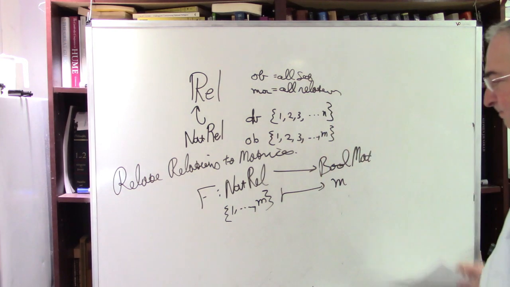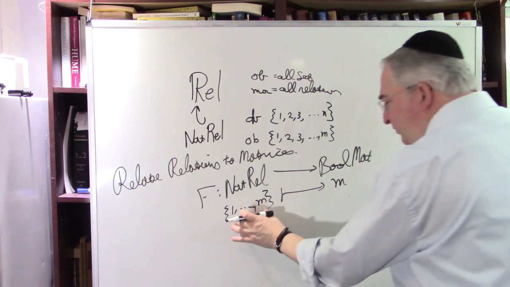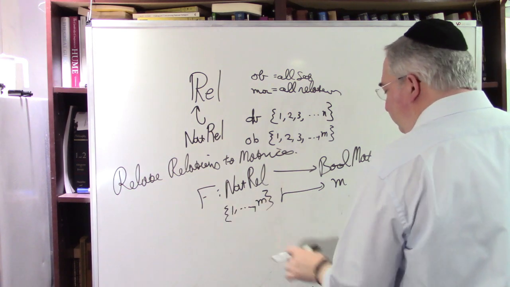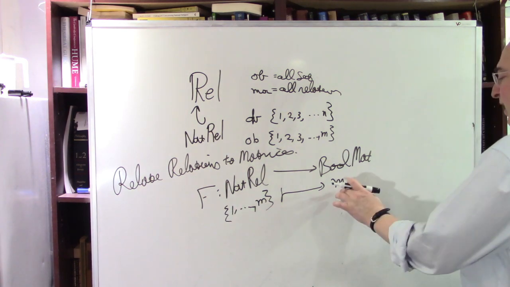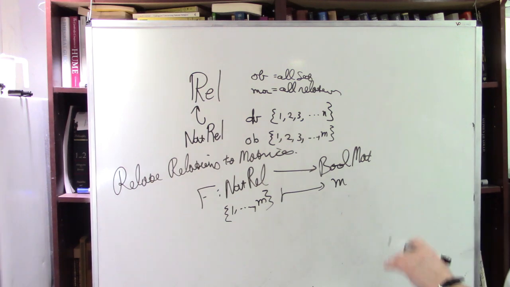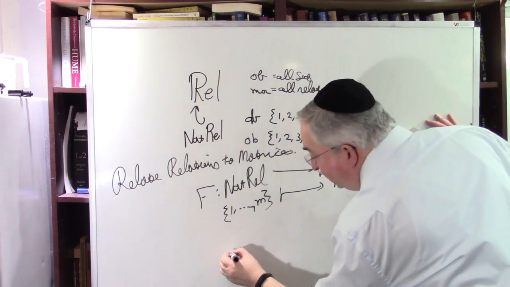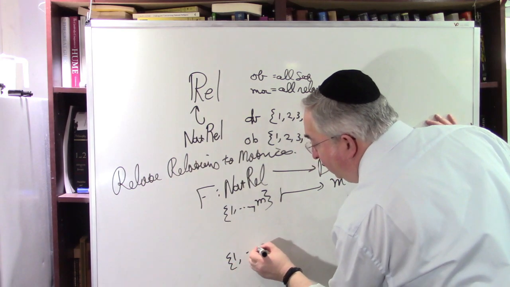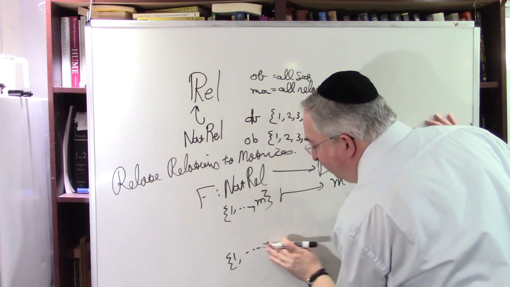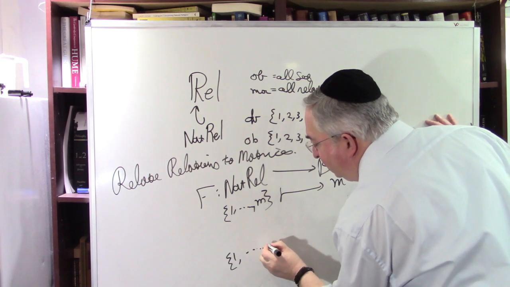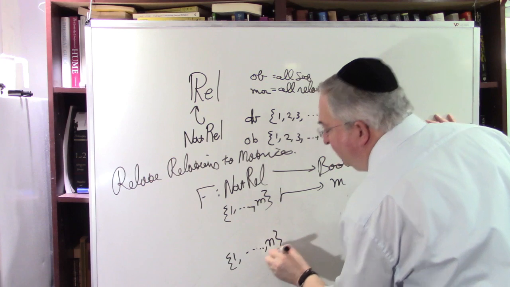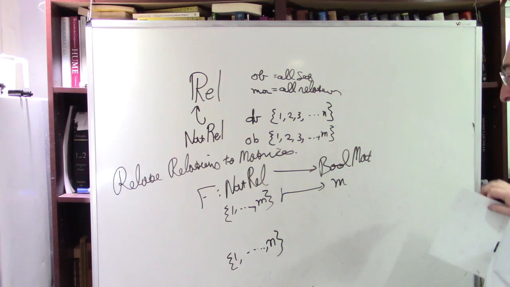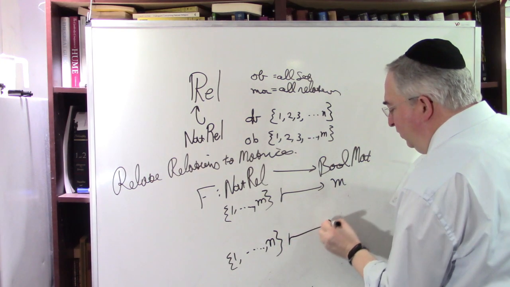It's a set of the first m natural numbers, and this is going to go to m. In the book I have different notations to be exact, but we can understand it. Now, let's do another object here, from 1 to n, and this is going to go to n.